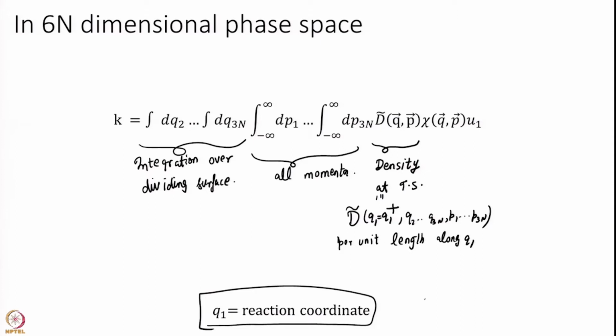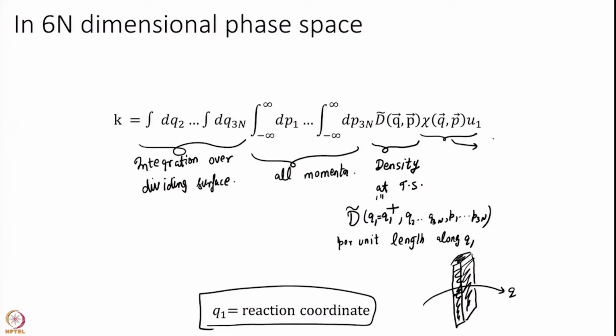So, I have my Q1 here, this is my dividing surface here. So, I am looking at the density in this direction, how many particles will fall into this little region.